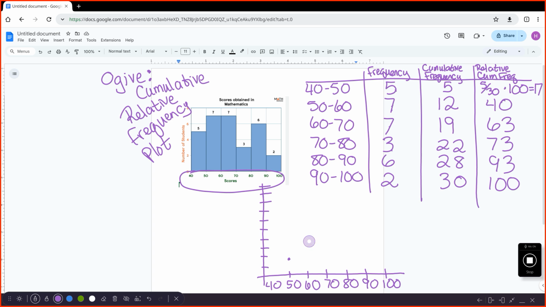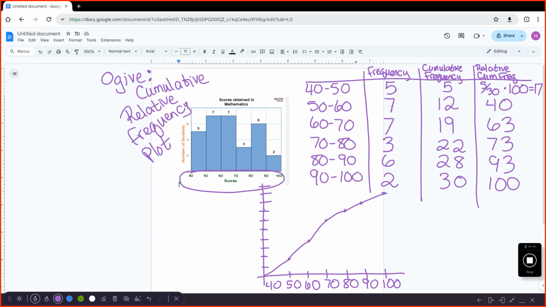At 60, I should be at about 40. 70 is 63, 10, 20, 30, 40, 50, 63 at 70. 73, 10, 20, 30, 40, 50, 60, 73 at 80. And then 93% at 90. And 100% at 100. I feel like I miscounted there somewhere, but that's okay. You get the idea.